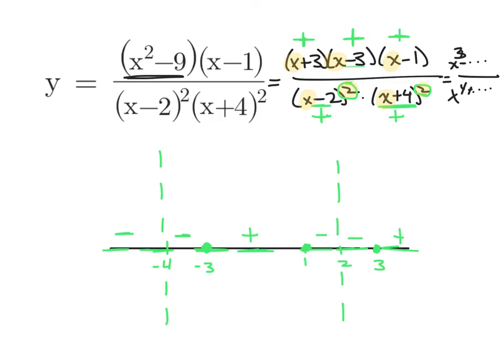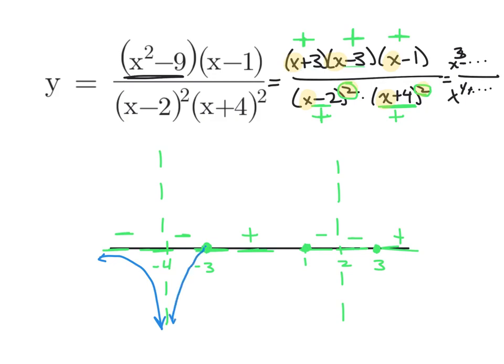So go over each interval. On the left side, it's negative, so our graph will be below the x-axis and approach each of our asymptotes. From negative 4 to negative 3, we're going from an asymptote to a 0 and staying negative, so being below the x-axis.